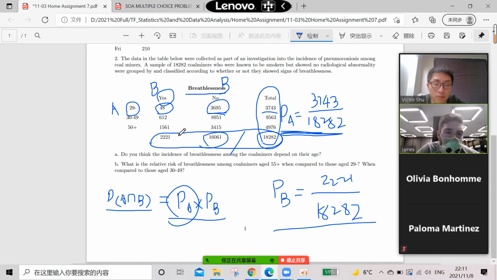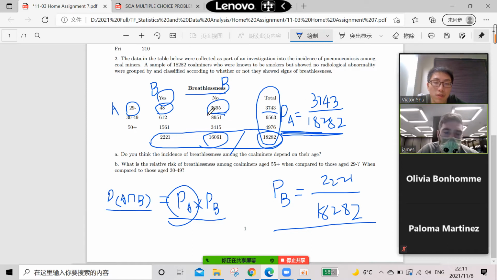So I don't understand why for column A we did the total people under age 29 over the complete total, and then for the no column, we're using the same total.